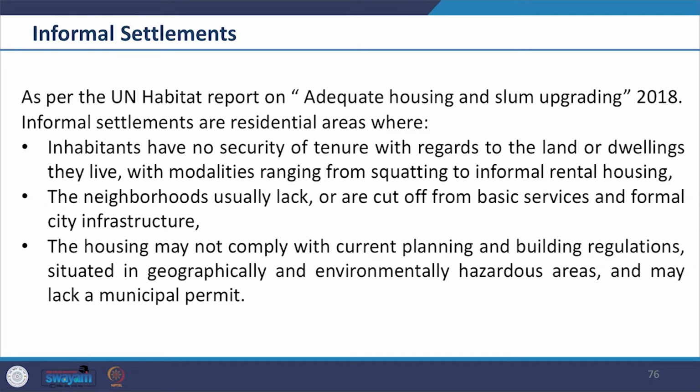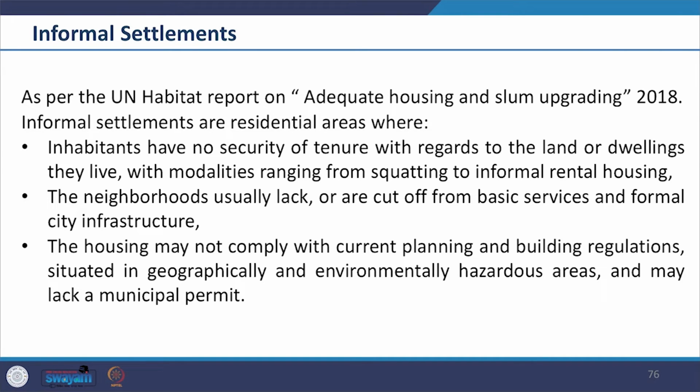So we saw that tenure is one of the definitions as per the UN. Inhabitants have no security of tenure with regards to the land or the dwelling they live in, with modalities ranging from squatting to informal rental housing. Second, we see the neighborhoods usually lack or are cut off from basic services and formal city infrastructure.